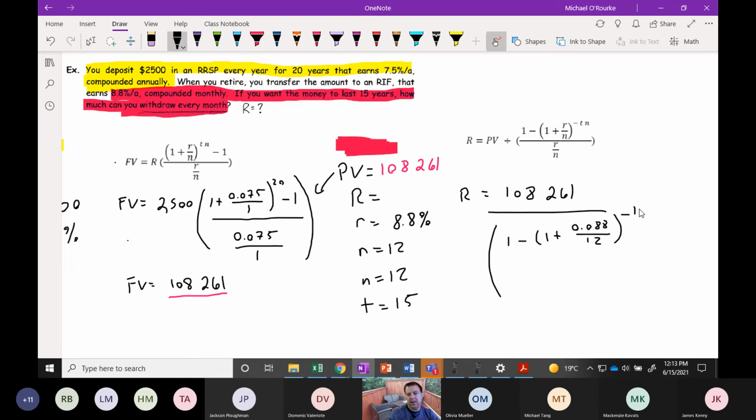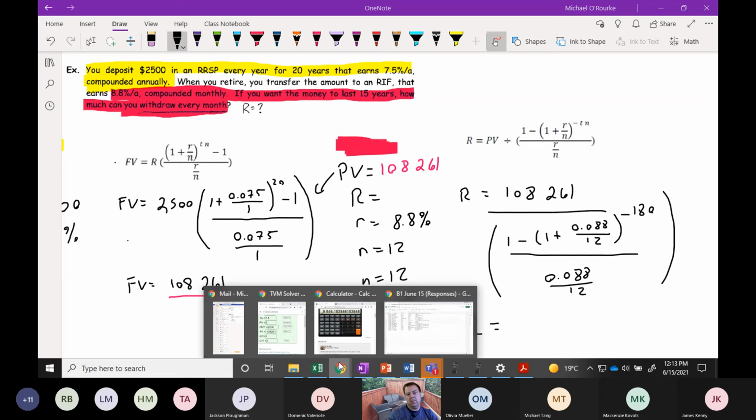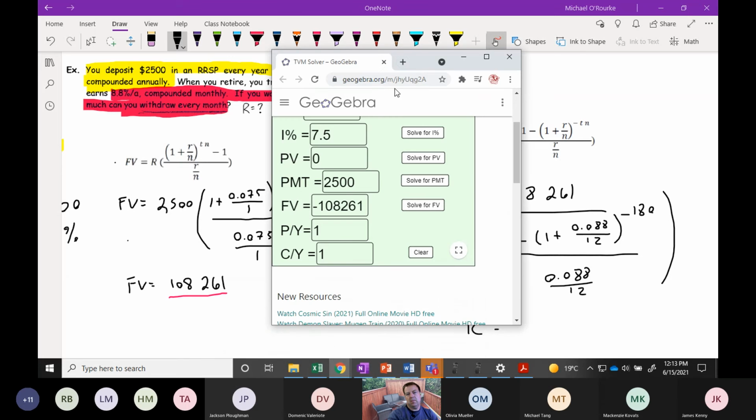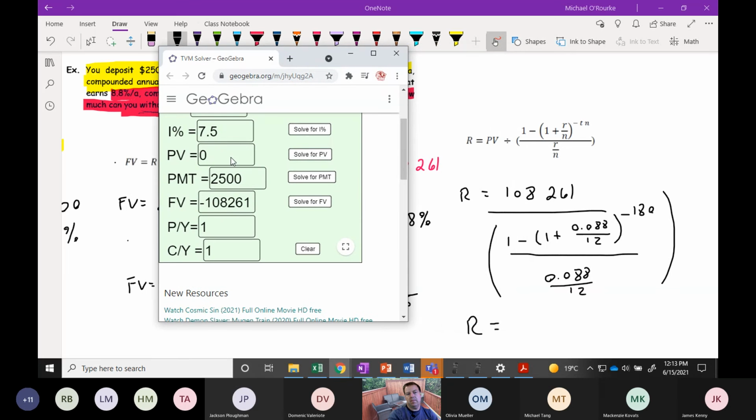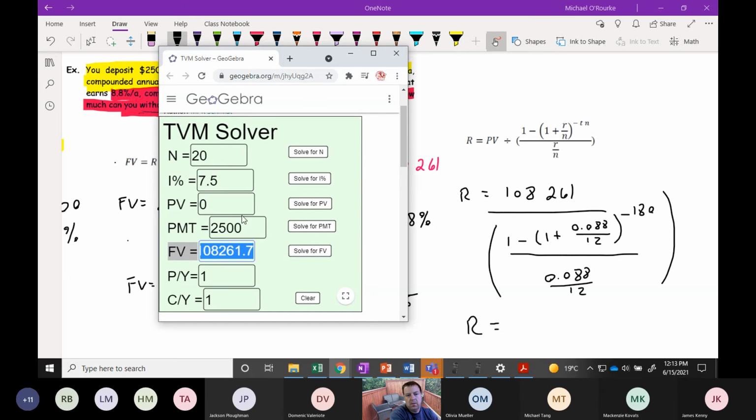To the power of negative 180, divided by 0.088 divided by 12. 108,261, I want to have none left, and we're going to have 12.